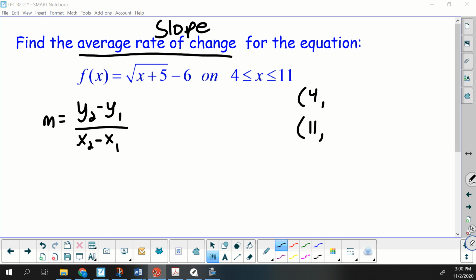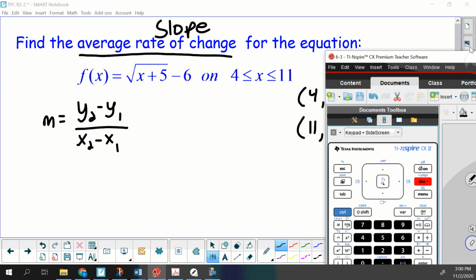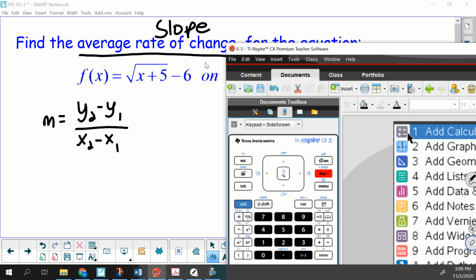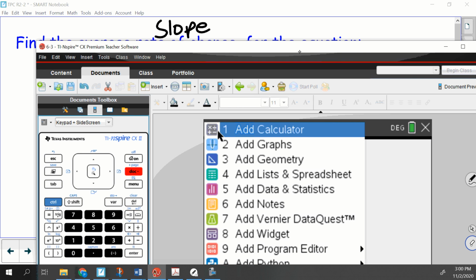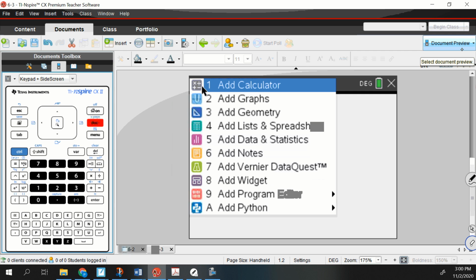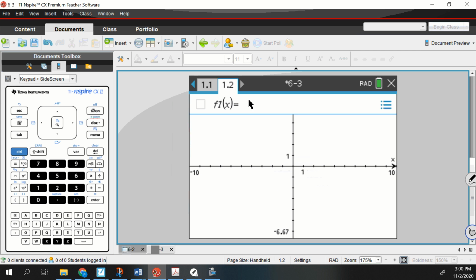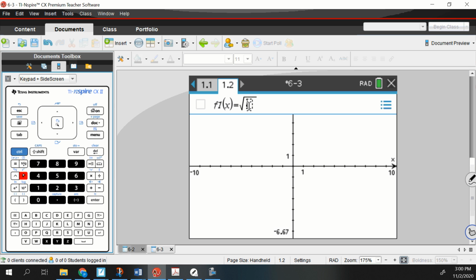And then we're going to go to our calculators. And we're going to go to a graphs page. And on that graphs page, we're going to put in our equation. We've got the square root of x plus 5.